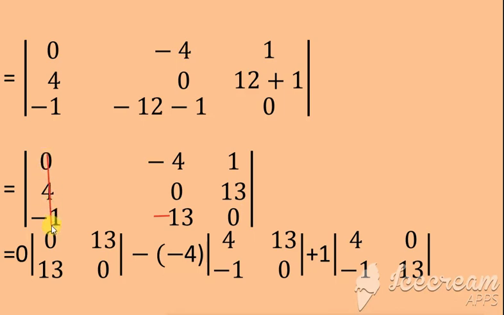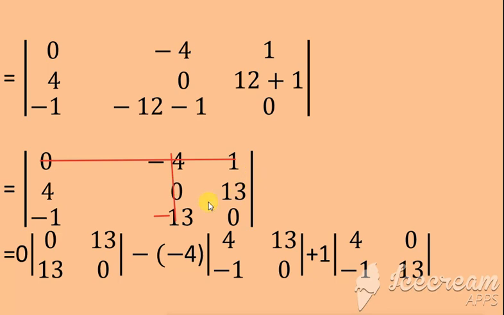Now I am expanding this, so 0 into, deleting the column and row, the remaining terms 0, 13, -13, 0. Next sign is minus, the term is -4, so minus of -4, and deleting the corresponding column and row, the remaining terms 4, 13, -1, 0.